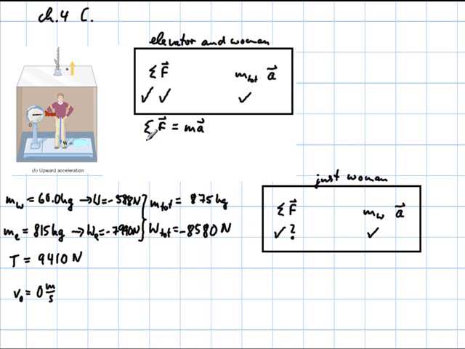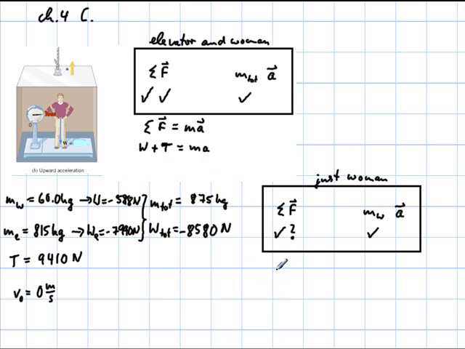Okay, let's see now from Newton's second law for the elevator and the woman, we have the weight plus the tension. Of course, once we plug in numbers, the weight is negative, equals mass times acceleration, where everything is given but the acceleration.